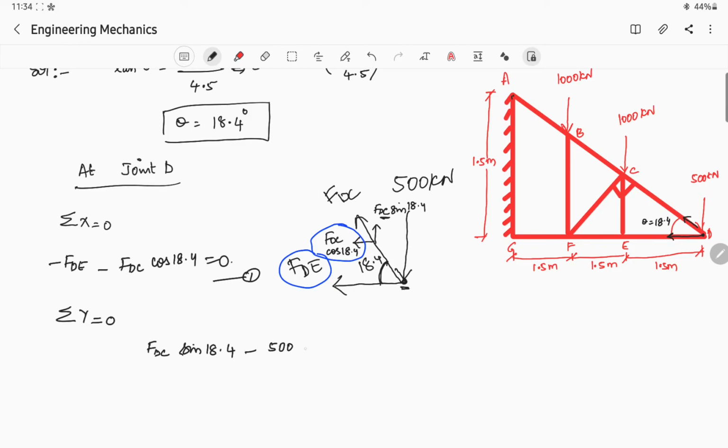So FDC sine 18.4 minus 500 is equal to 0. If you simplify, FDC is equal to 500 divided by sine 18.4, and you'll get the value of FDC as 1584.03.